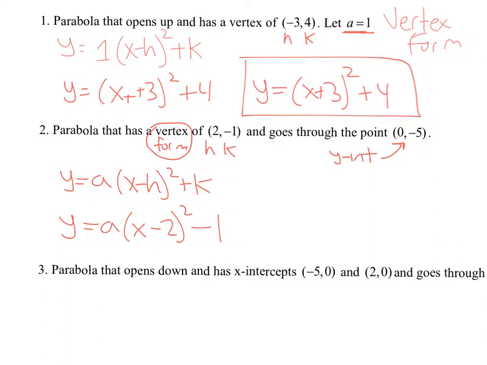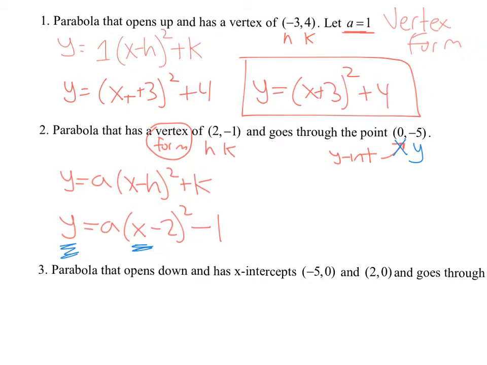I'm just going to write minus 1 because I like that better. So we kind of have an equation here, except we still have an a involved, and we need to get rid of that. So now here's where I'm going to use this other point, the 0, -5. For that point, the 0 represents x, and the -5 represents y. So I'm going to plug those into my equation for the x and the y. And what that'll allow me to do is solve for what a equals.